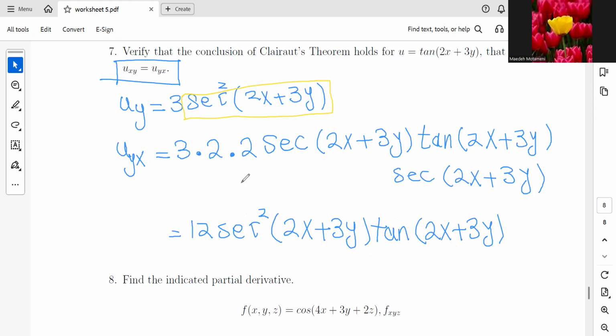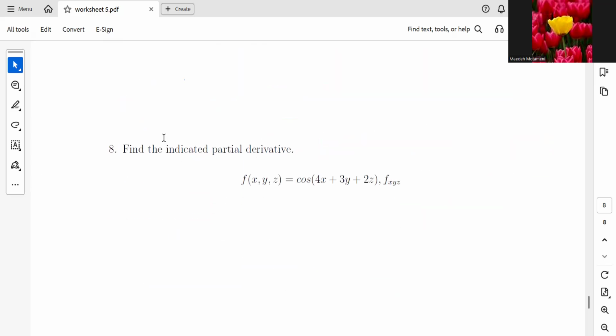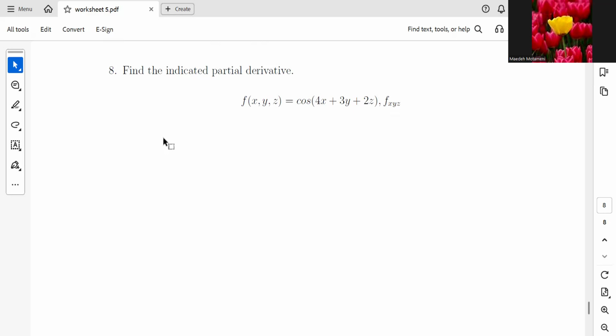Number 8 is about finding the partial derivatives. So for finding the partial derivative here, which is f with respect to x, then y, then z.